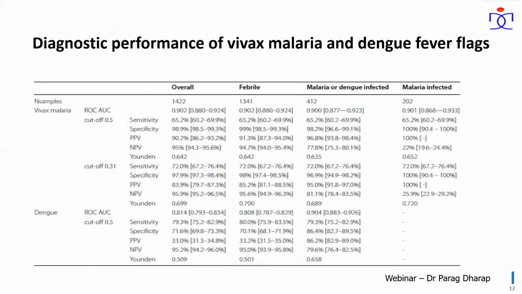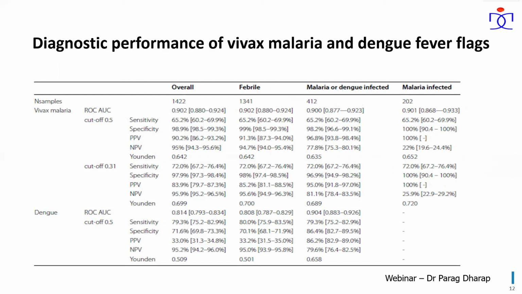This slide shows the diagnostic performance for the Vivax malaria and dengue fever flags. We have shown here the sensitivity as well as specificity for the cutoff of 0.5 as well as a cutoff of 0.31. There is a definite improvement in sensitivity with optimization of the cutoff to 0.31, from 65% to 72% across the groups.